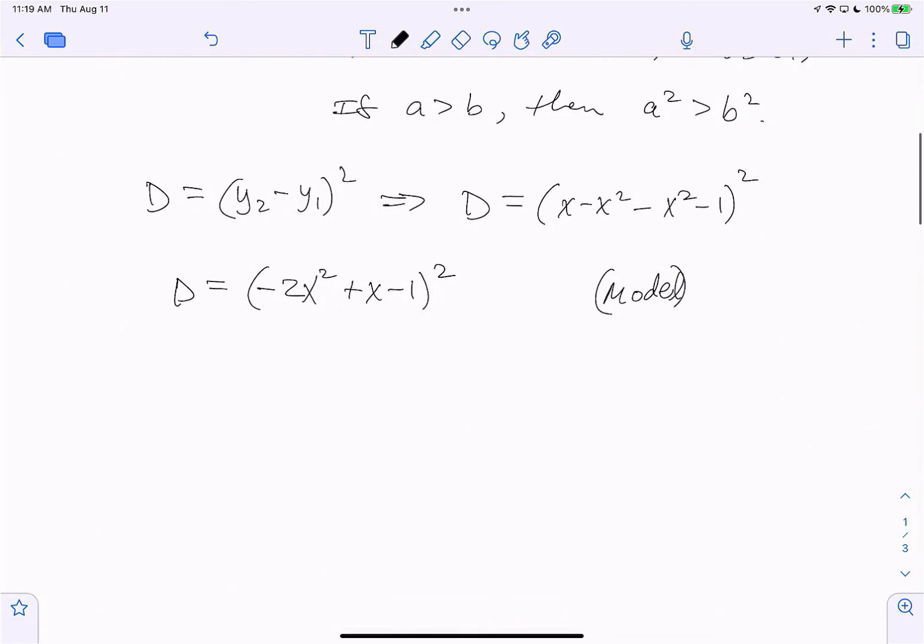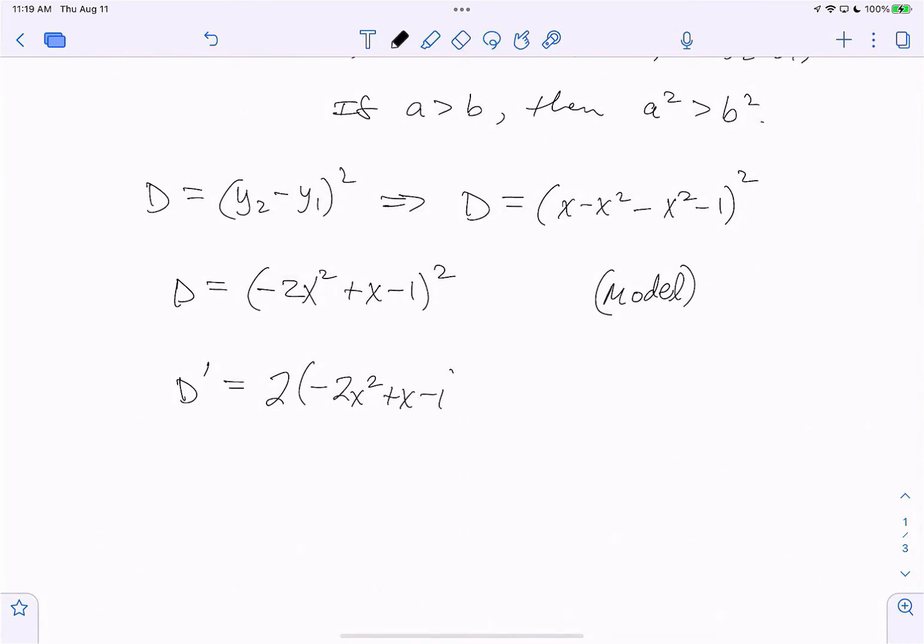And once we've developed a model, then we're usually going to take a derivative, set it equal to 0, and then answer the question using the result. Taking a derivative, D prime, I'm going to use the chain rule: 2 times negative 2x squared plus x minus 1, times the derivative of the inside function, which is negative 4x plus 1. Now, if D prime is going to equal 0, then either negative 2x squared plus x minus 1 is equal to 0, or negative 4x plus 1 is equal to 0.